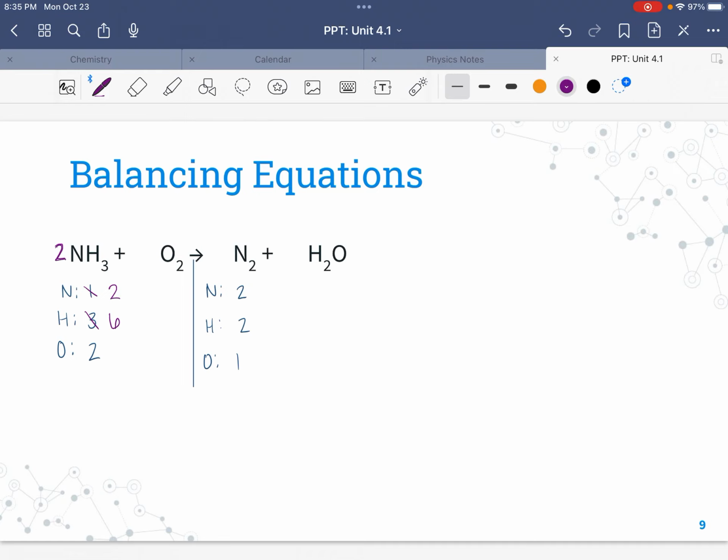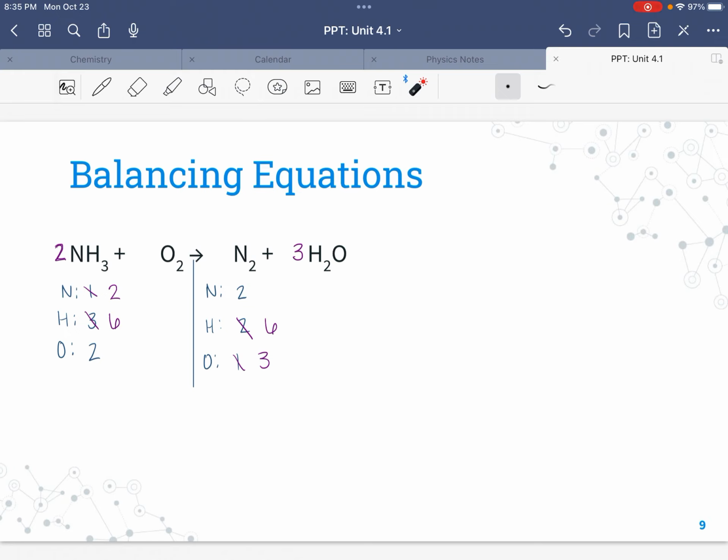So on my product side, I need to get my hydrogen to 6. So I'm going to have a 3 out in front of my water molecule. Okay, so now I have still only 2 nitrogens on this side. My hydrogen is now at 6. Okay, and my oxygen is at 3. Okay, so this is where we kind of run into a problem here, because I have 2 oxygens on my reactant side and I have 3 on my product side.